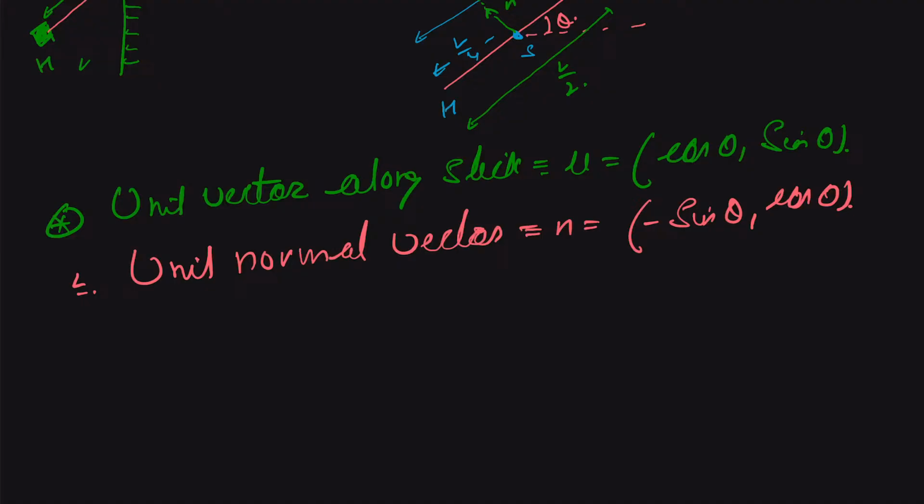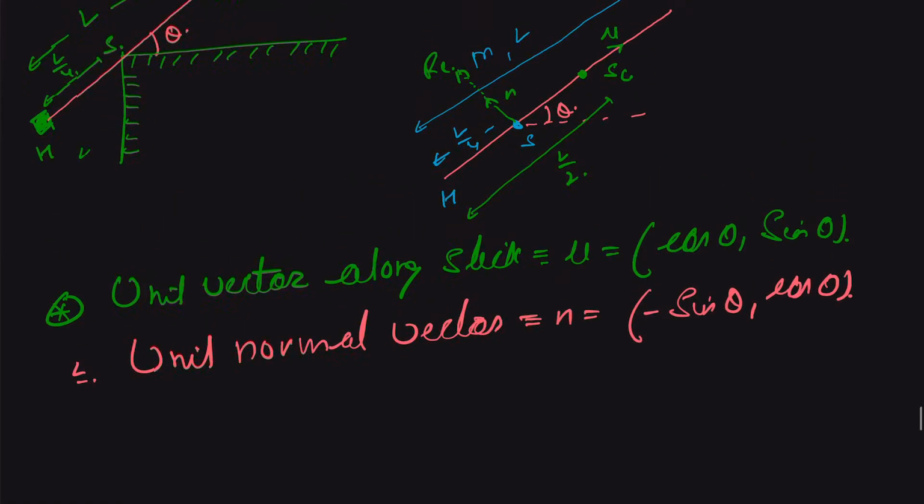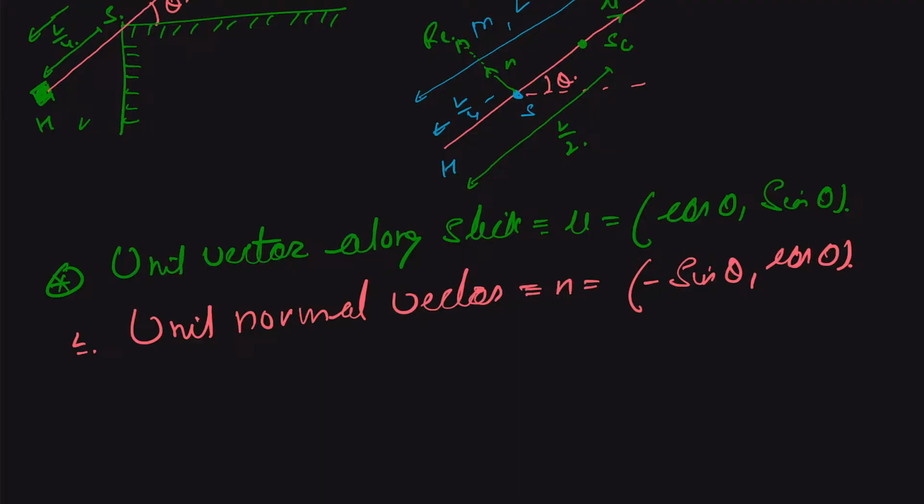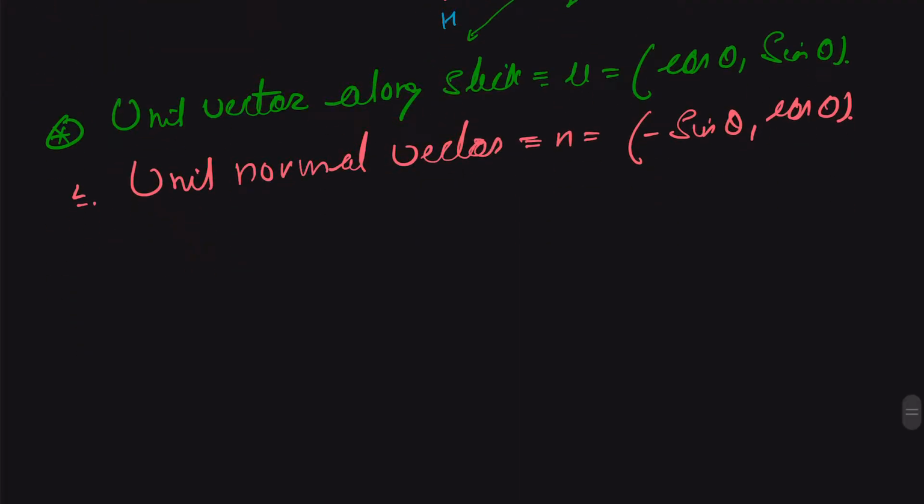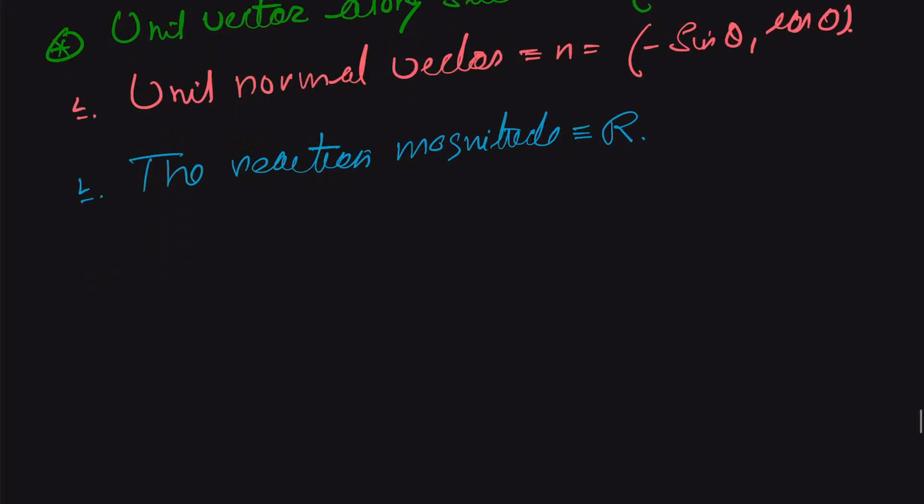Okay. And we have considered a reaction R of C, and its magnitude let us consider to be R. So we can say that the reaction magnitude is R. Therefore we can write that R of C will be equal to R times the unit vector, sine of theta and cos of theta.